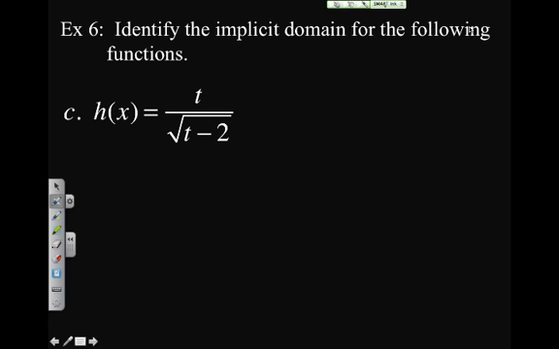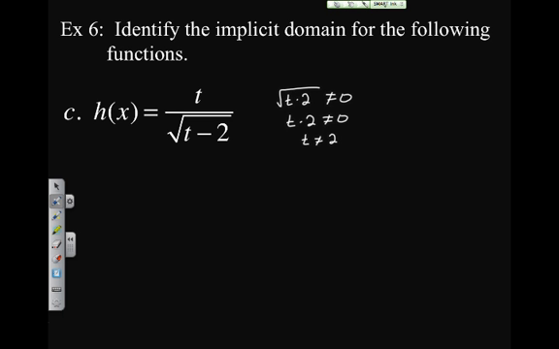And now here we're dealing with a t. Notice we've got a fraction and a radical. So for the fraction, first of all, we know that the square root of t minus 2 cannot be equal to 0, which means t minus 2 cannot be equal to 0, and so t cannot be equal to 2. So that takes care of the fraction. But we've also got the radical.